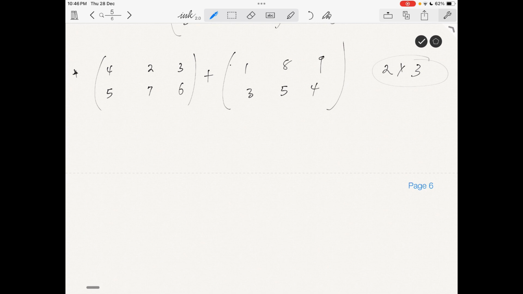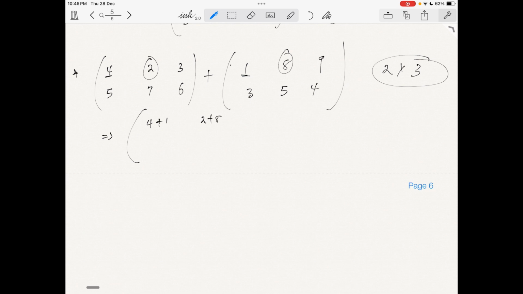So we just take the individual row and column components, and perform the necessary operations on each. This is 4, this is 1, that is 4 plus 1 because of the addition sign. So we pick the first row, second column of each and add them together.